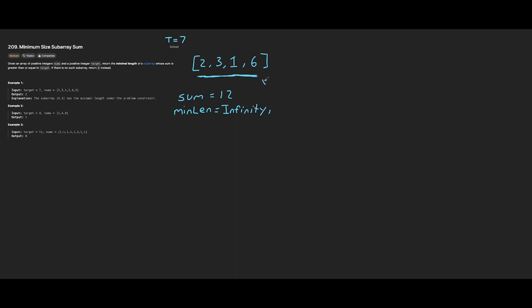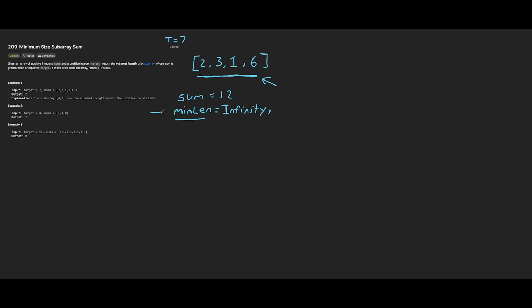Well, the first subarray we find that has a sum that is greater than or equal to 7, we need to compare the length of that subarray to the current value of our min length variable. If we initially set it to 0, well then no subarray length is going to be less than 0. That's why to start off we set it as infinity, because no length is greater than infinity.